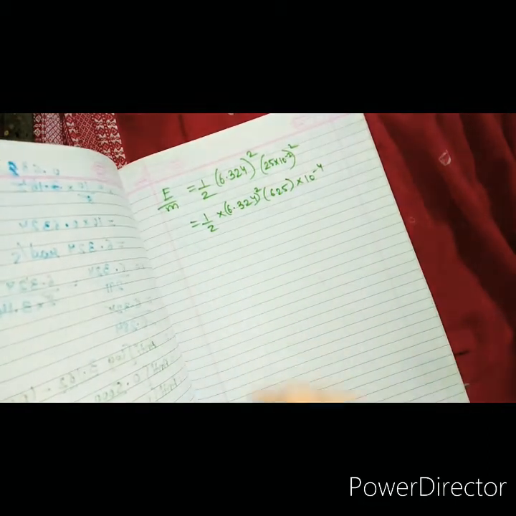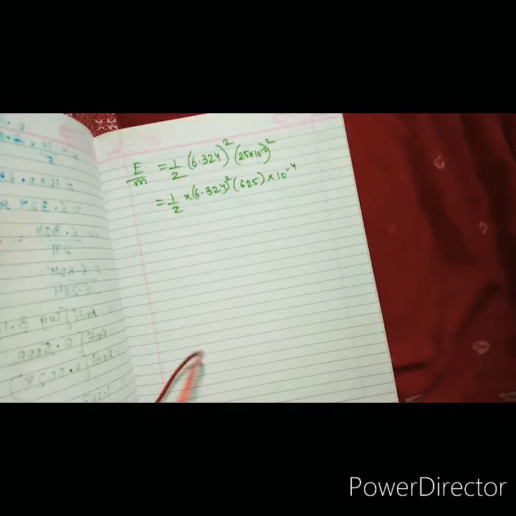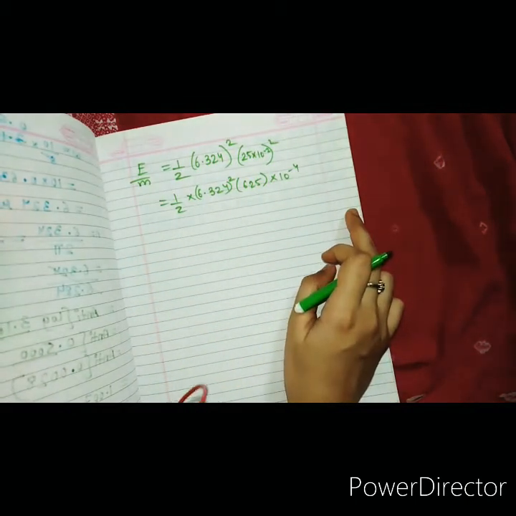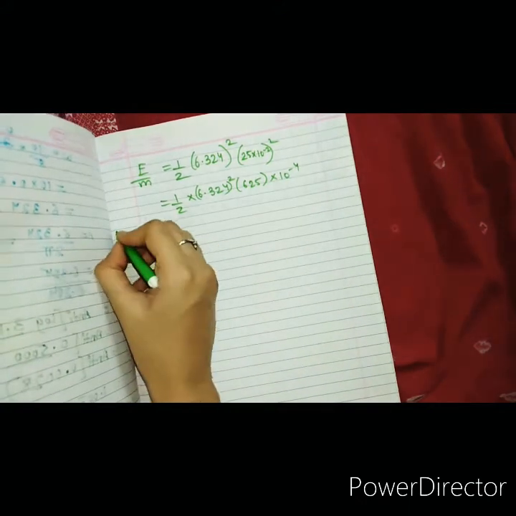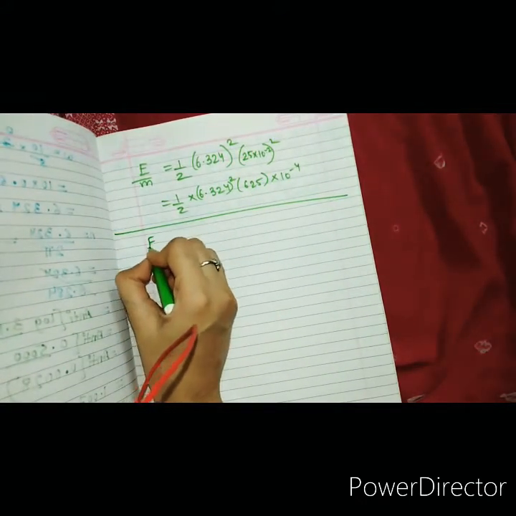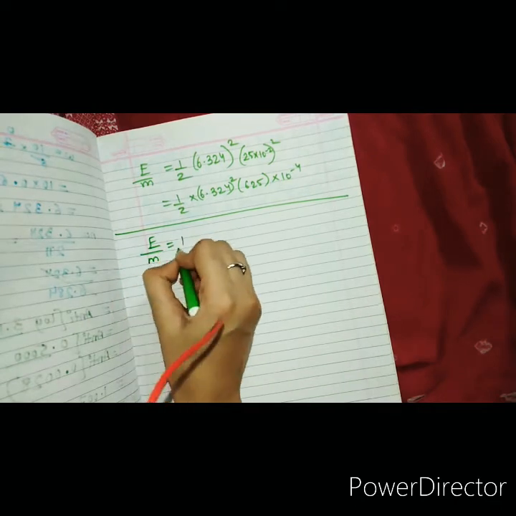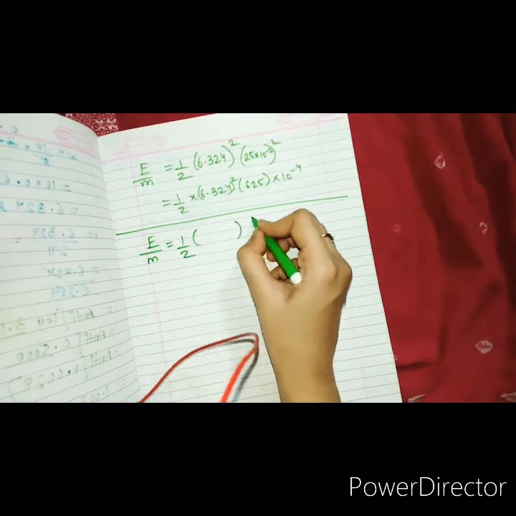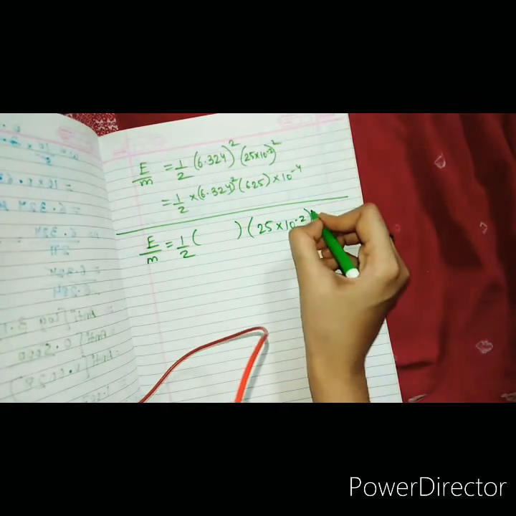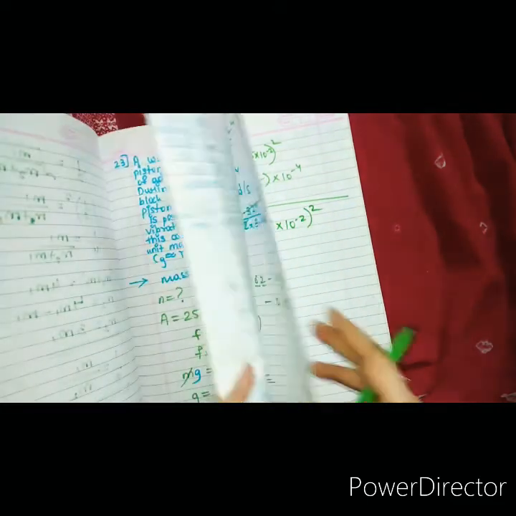Now again you'll have to apply log in this. We can go by another way also. Either you can apply log or we can go by another method. 25 into 10 raised to minus 2 here square. Here what we have?